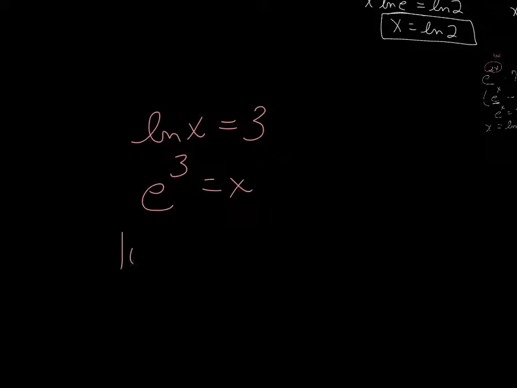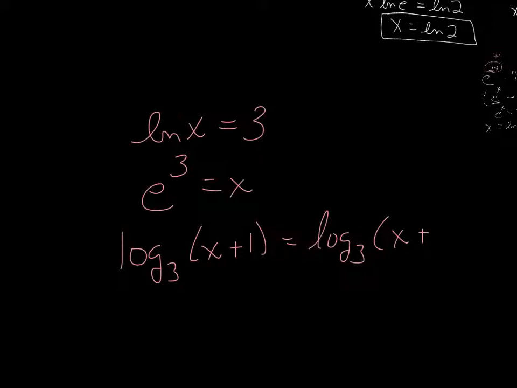What about one like this? Log base 3 of x plus 1 equals log base 3 of x plus 7. How could we find x here? Matt? You just said x plus 1 equal to x plus 7.